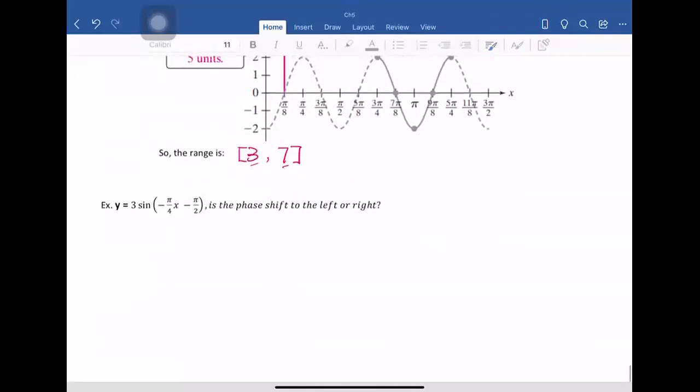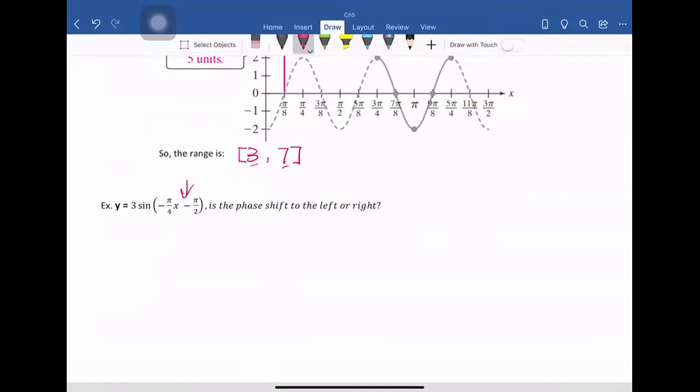Okay, next example, y equals 3 sine of negative pi over 4 x minus pi over 2. Is the phase shift to the left or the right? So we learned that after we see the sign here, we can tell whether it's moving right or left.